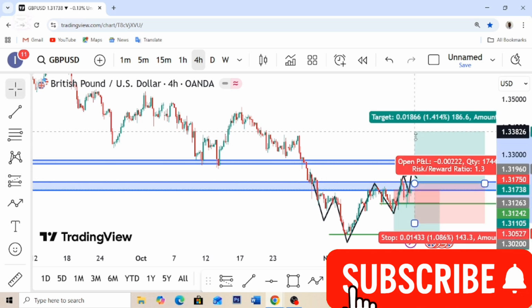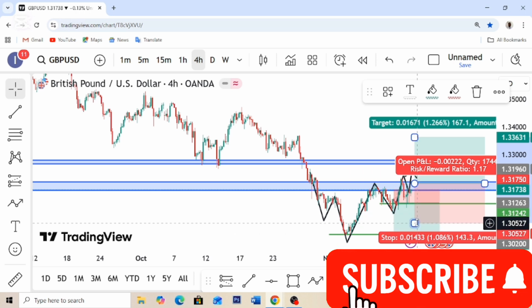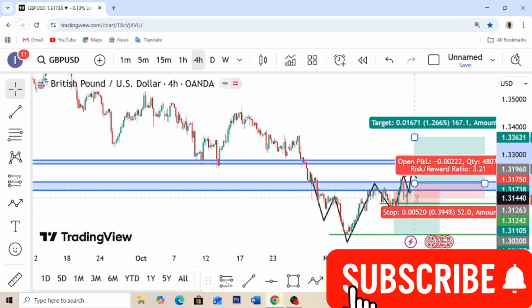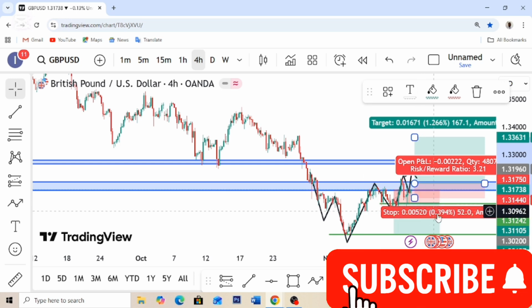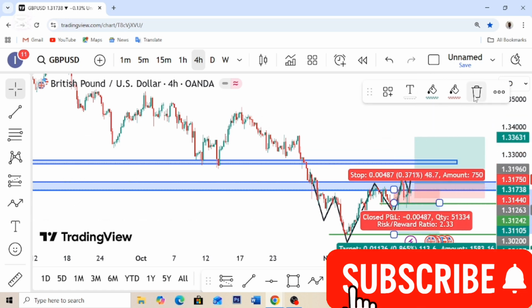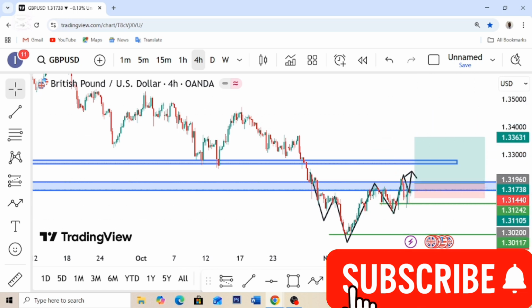So this is what I'm seeing on GBPUSD. It is very, very clear. So this is the GBPUSD trade.